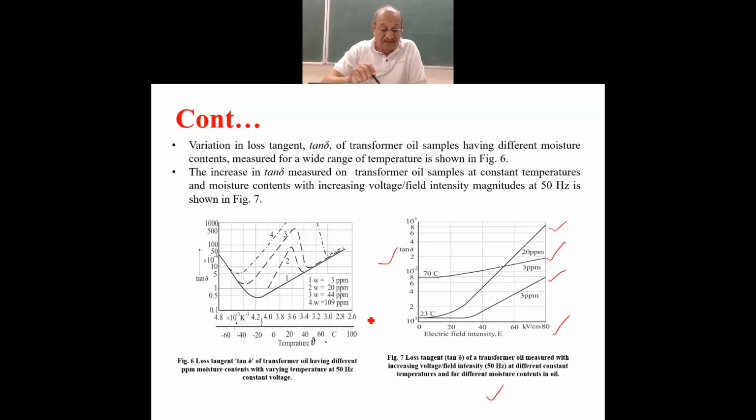As you can see, the temperature has been increased from minus 60 degrees centigrade to 100 degrees Celsius. And the calibration of the axis is done in absolute temperature, that is, temperature in Kelvin.